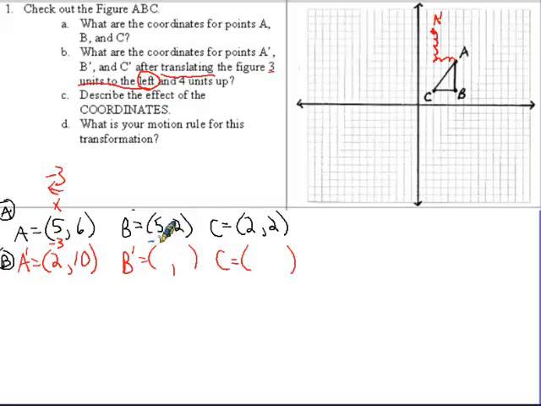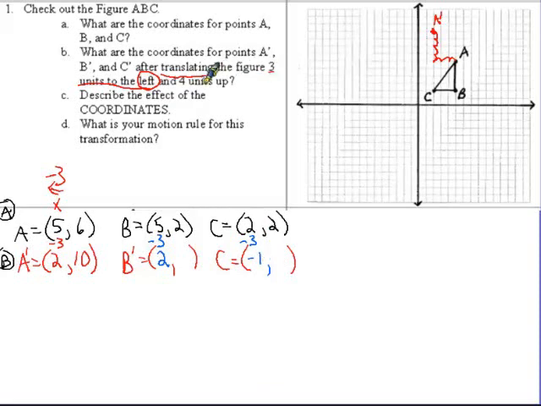If I take 5 and I subtract the 3, because I got to move it to the left 3 units, this value is also going to be 2. And then if I take 2 and I subtract 3, because I'm moving it to the left, that value is actually going to be negative 1, because if you are using your fingers, you have 2, and then you take 1 away, that gives you 1, you take another one away, it gives you 0, and then you take another away, it brings you to negative 1.